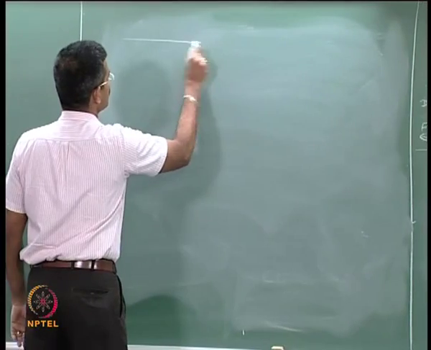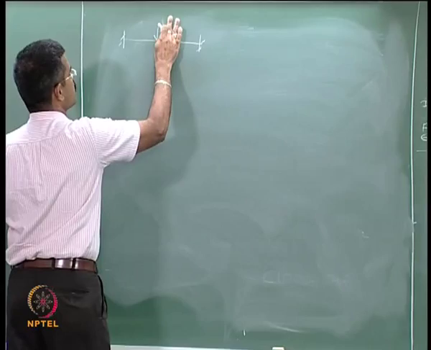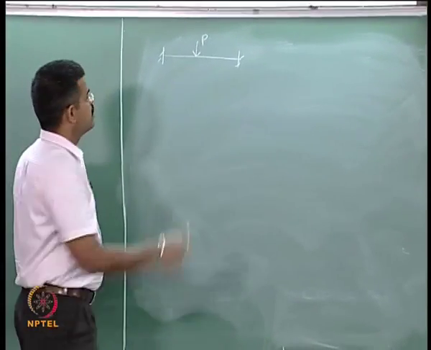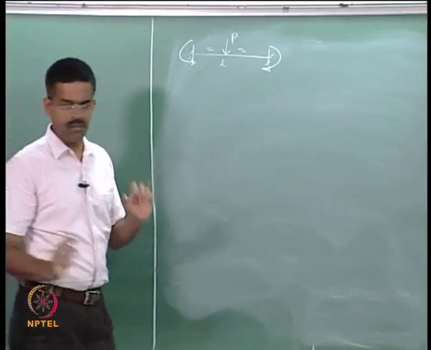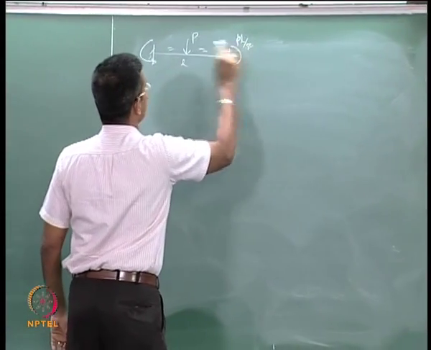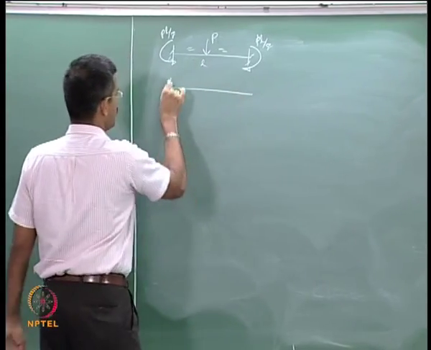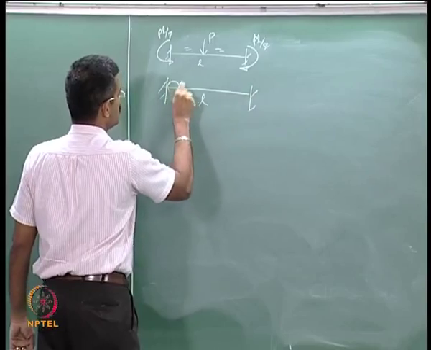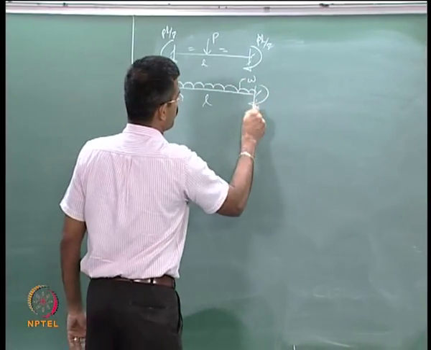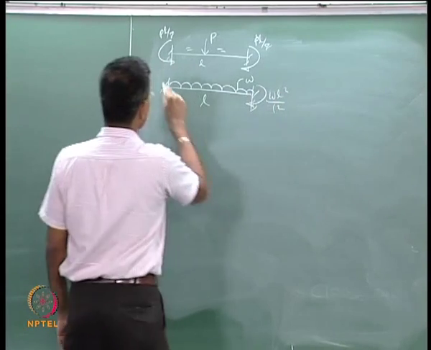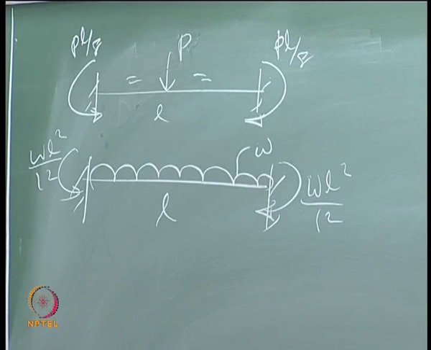If I have a member subjected to a central concentrated load, let us say P, with length L, these values are standard, which are PL by 8 and PL by 8. If I have a member of length L subjected to a UDL of W, then these are equal to WL square by 12 and WL square by 12.